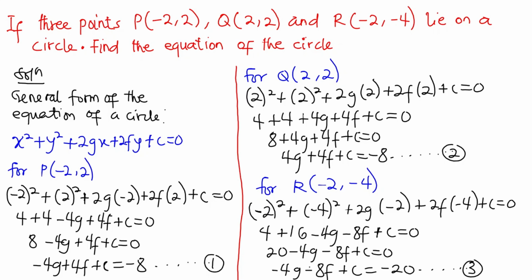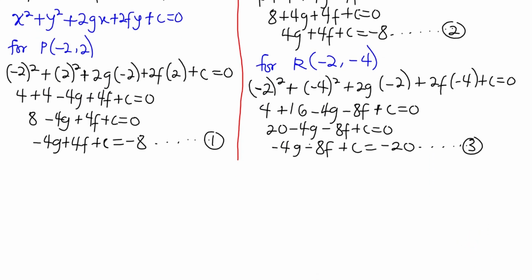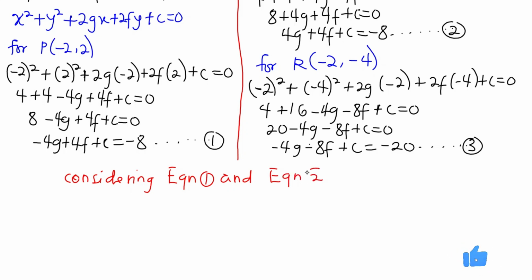So by the method of elimination, we are going to first consider equation 1 and 2 to solve them simultaneously. So if you are considering equation 1 and 2, then when we subtract equation 2 from 1, some of the variables are going to be eliminated.